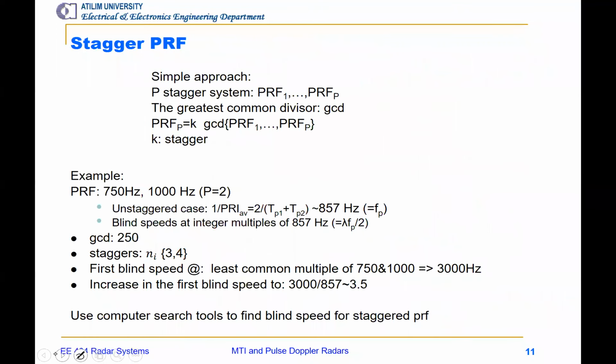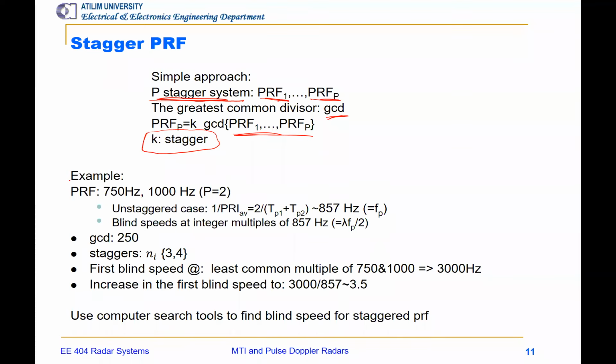Okay, here is how we simply formulate this. Let's take a P stagger system. So I have P pulse repetition frequencies. And I just look at the greatest common divisor, GCD, of these PRFs. And I determine the stagger level, K stagger.